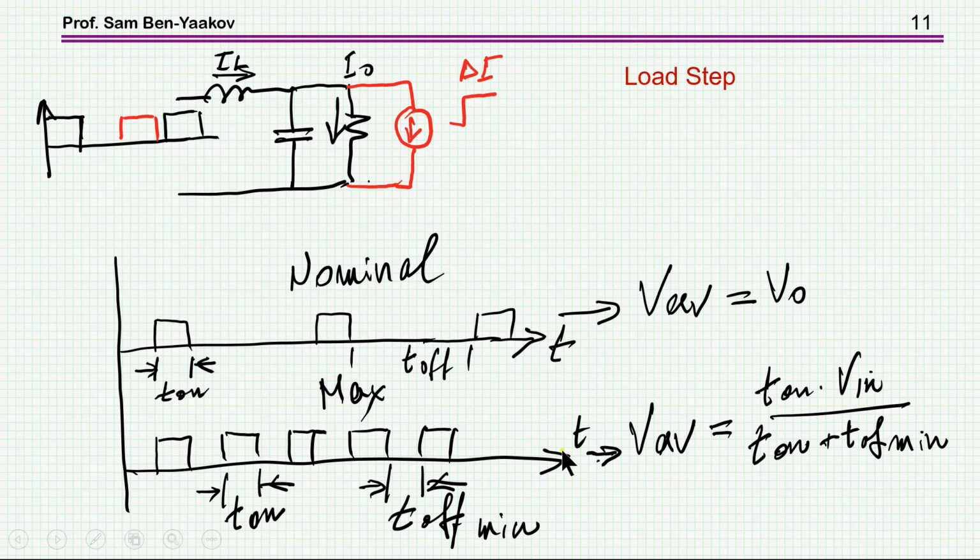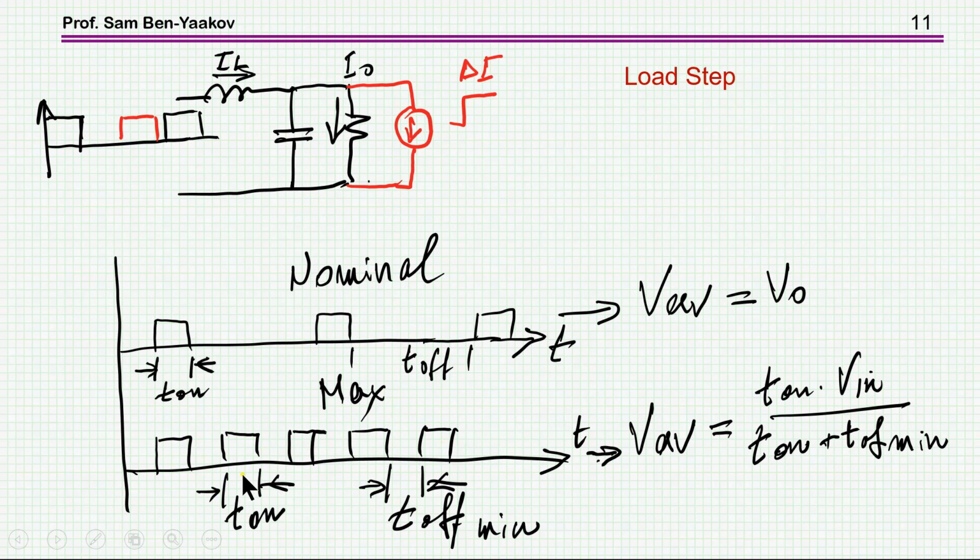Now, what about a load step? So we have a load step, and obviously, as we have a load step, we are going to see the following change. From the nominal picture here, constant on time, a given frequency with a given T off, it will move in the extreme case to the maximum frequency during transient.